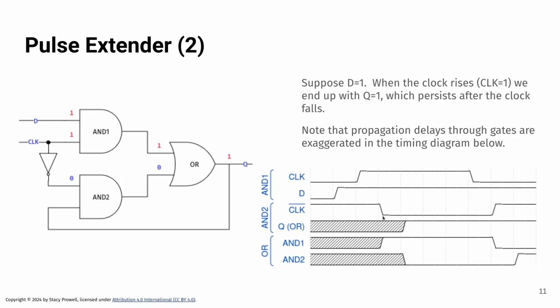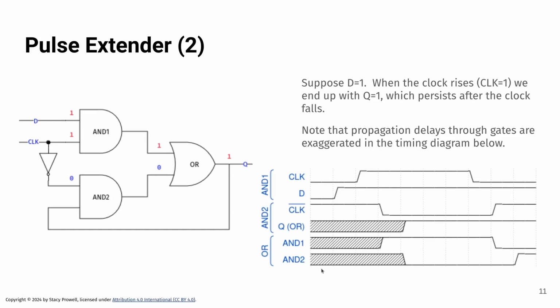So the inverted clock is 0. And we also see that Q, or the output of OR, is passed back into AND 2. So the two signals in the middle, the inverted clock and Q, are the inputs to AND 2, which you can see here we now know after this point is 0.